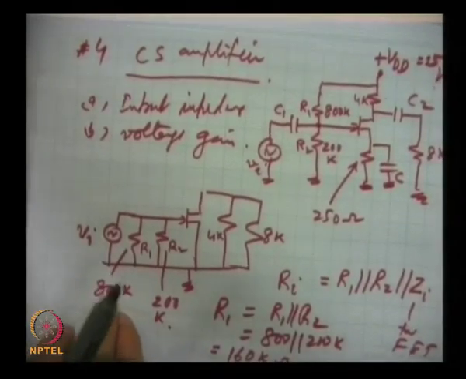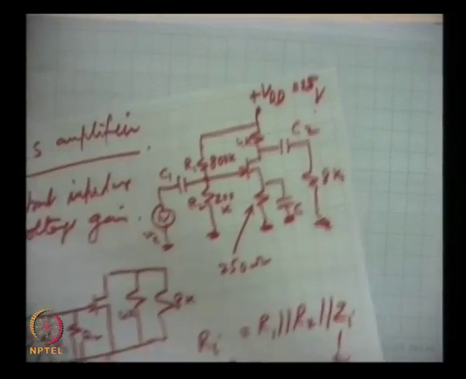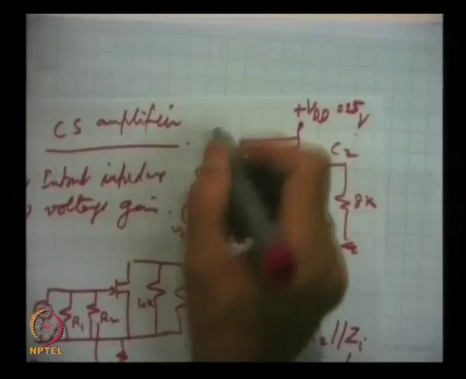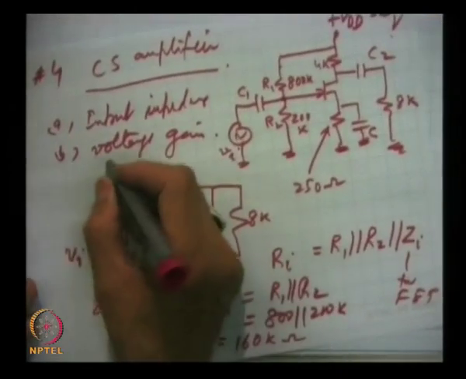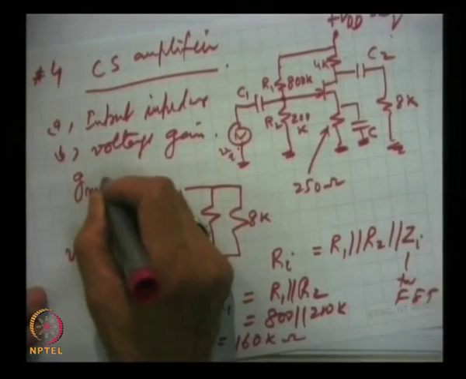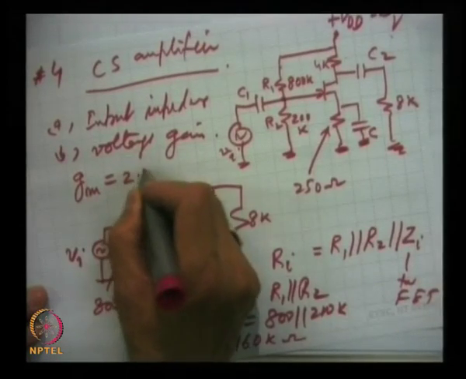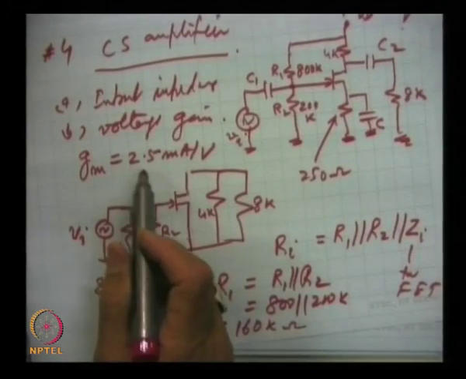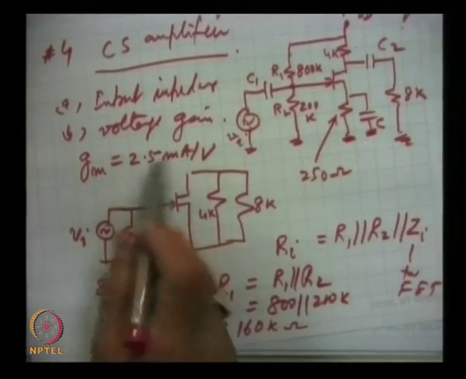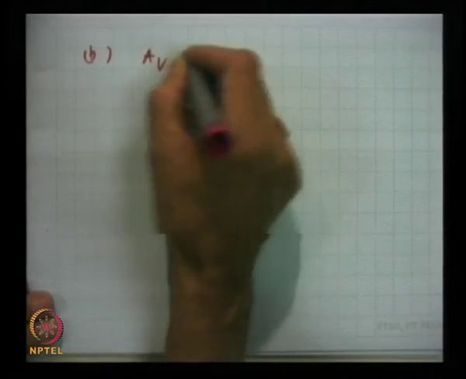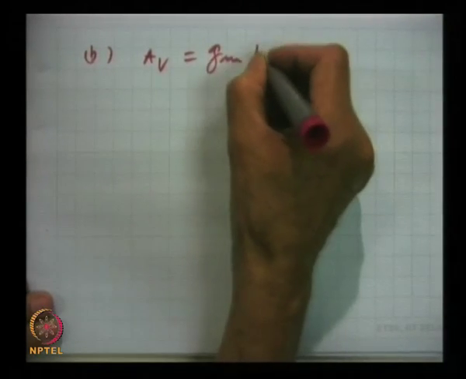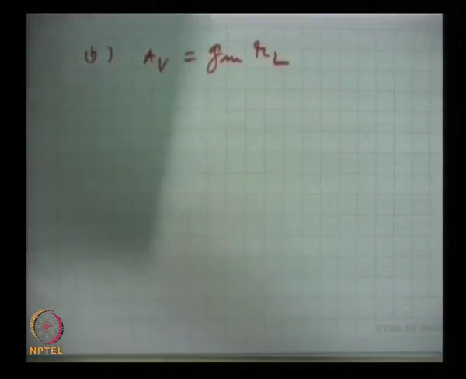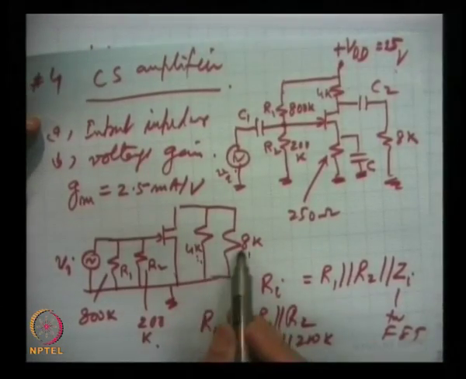And then gain. The gm was given for this actually, which I just forgot to write, that gm for the device is given 2.5 milliamperes per volt, which is also written as millimhos. So, part B, the gain AV, it is simply gm into RL, effective load. Effective load is the parallel combination of these two.